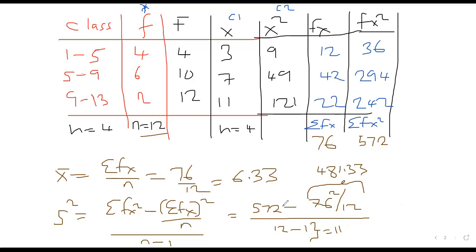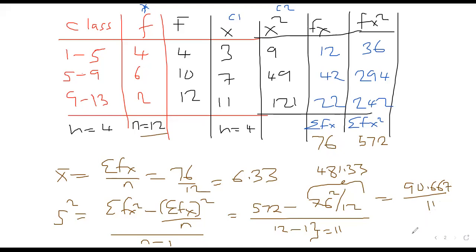So 572 minus the answer that we found here will give you 90.667 divided by 12 minus 1, which is 11.